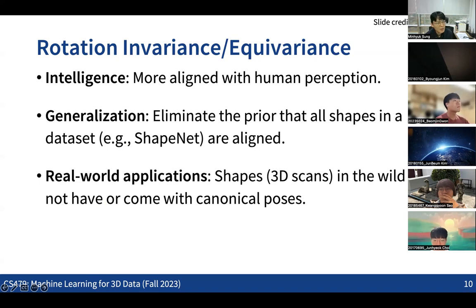So how can we teach the neural net in the way that we humans perceive 3D information? That's one thing that we want to achieve here. And also how we can generalize the information that we learn from online repositories with online 3D models might be another thing we want to achieve.